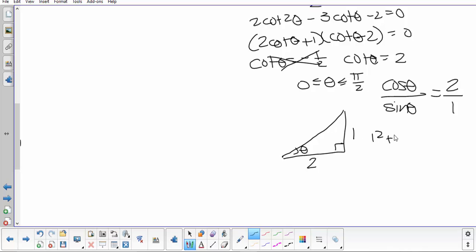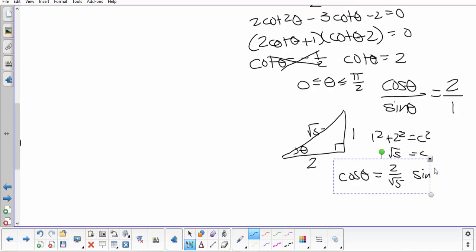So 1 squared plus 2 squared equals c squared, so c ends up being root 5. Which tells us that cosine of theta is 2 over root 5, and sine of theta is 1 over root 5. Once again, we're not going to rationalize these because it's going to give us common denominators to work with.